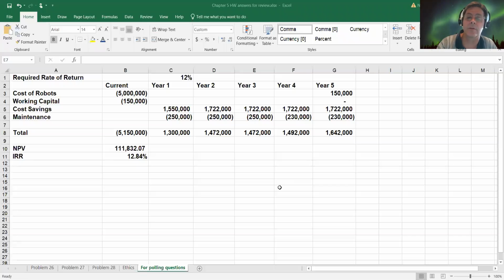So another question. Keeping everything else the same, what would happen to NPV if the robots are estimated to last 6 years, same cost savings, instead of 5 years? So we add a year to the end. What would be the result of that?